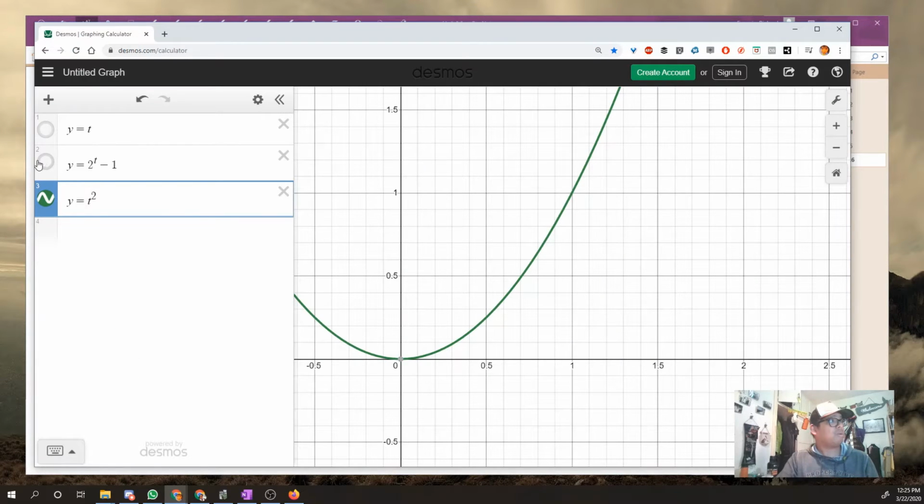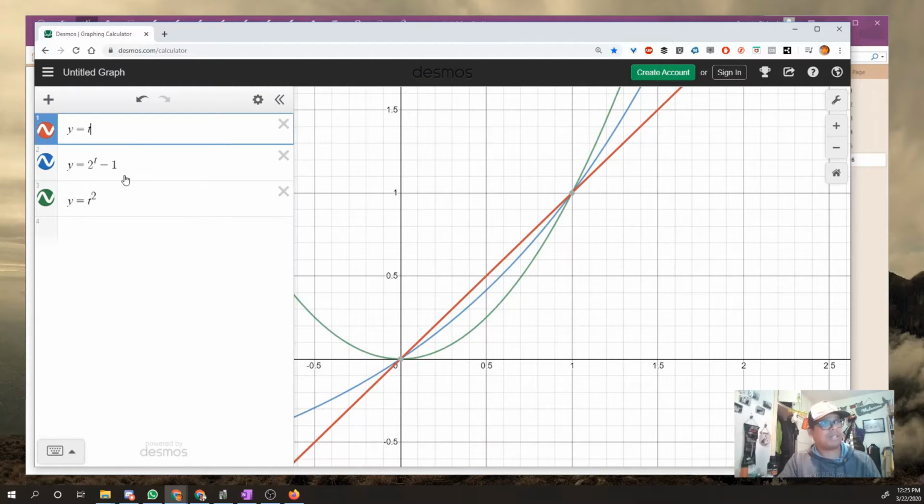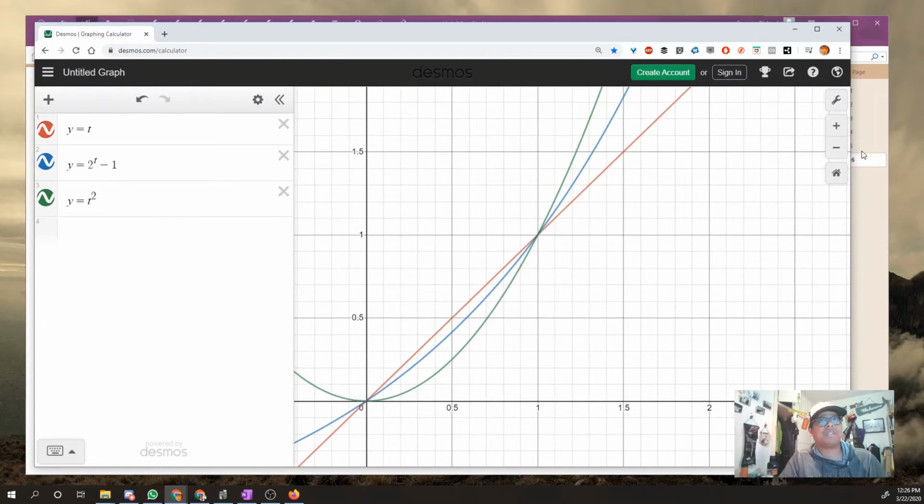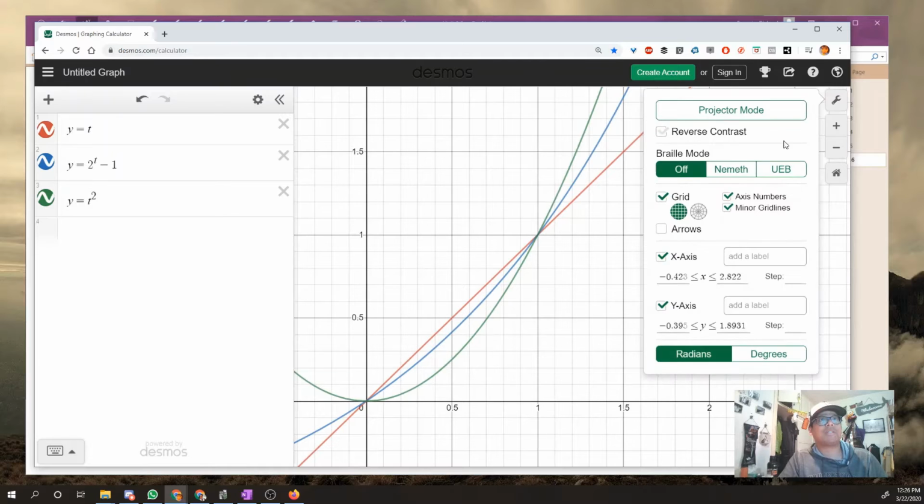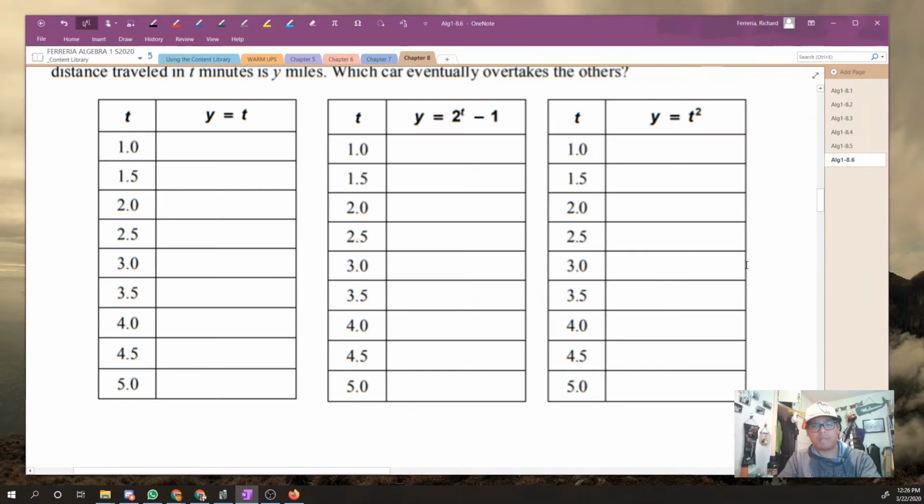Okay, so we're going to make all three of these live, and as you can see, I didn't graph it completely crazily. That actually looks pretty good, right? And now we're going to expand this graph. Our t's are going to go from 0 to 5.